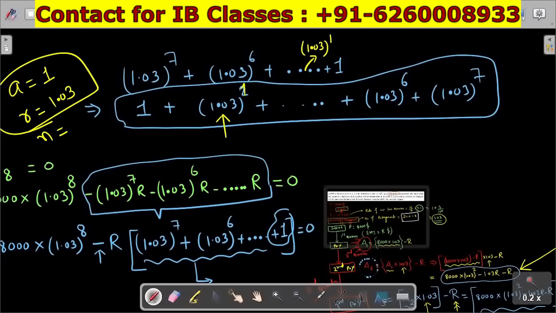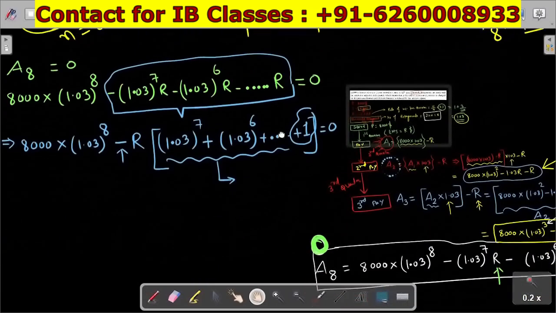So basically its next term will be 1, and then 1.03 raised to power 2, and like this, right? If this is the second term, the power is 1. If this is the third term, power is 2. So if it has the power 7, it will be its eighth term. So basically total number of terms is 8.